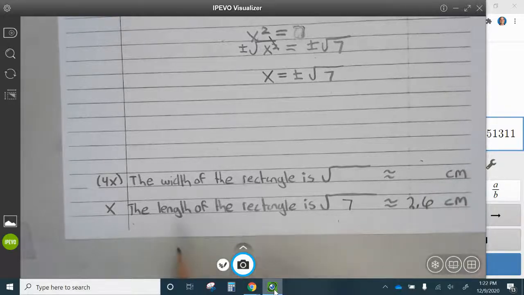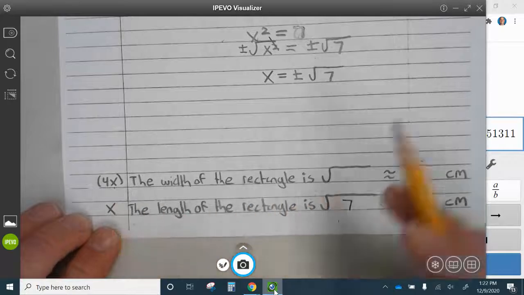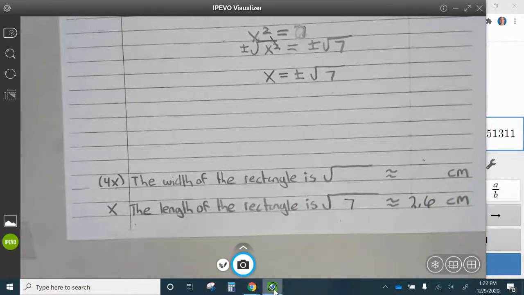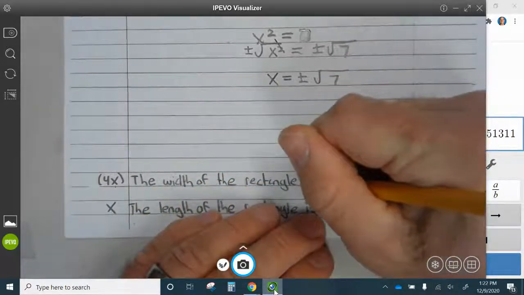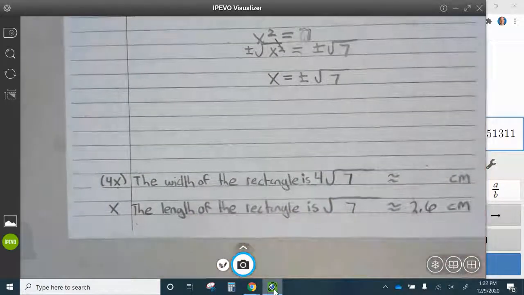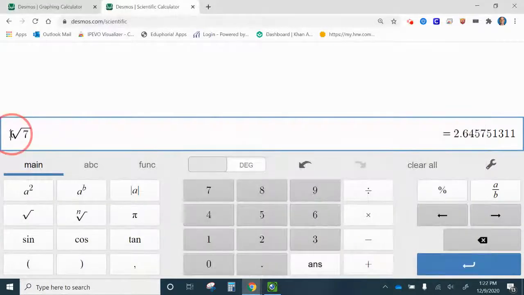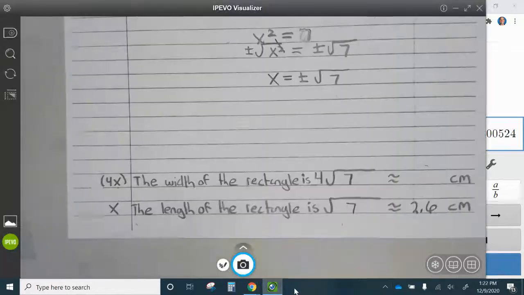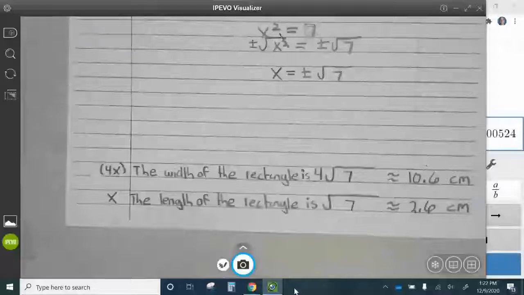Now for the width we need to multiply 4 times the square root of 7, which is 10.6 centimeters.